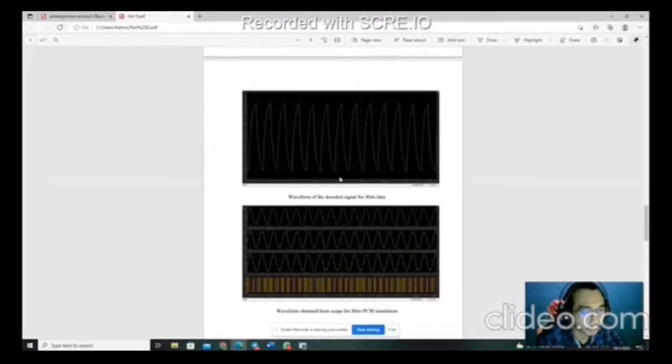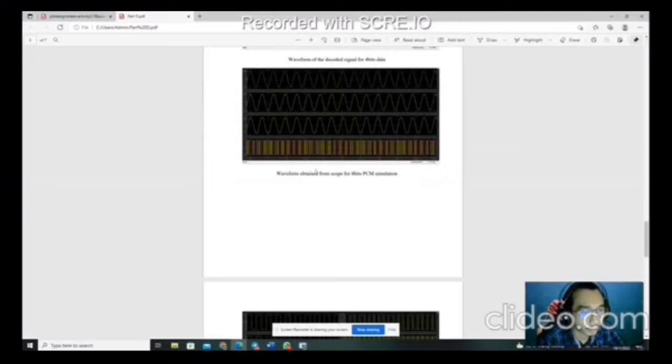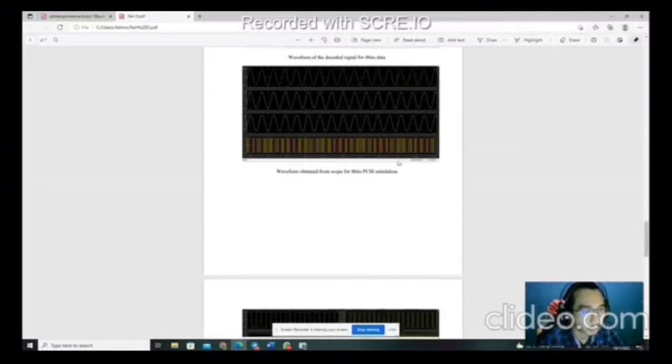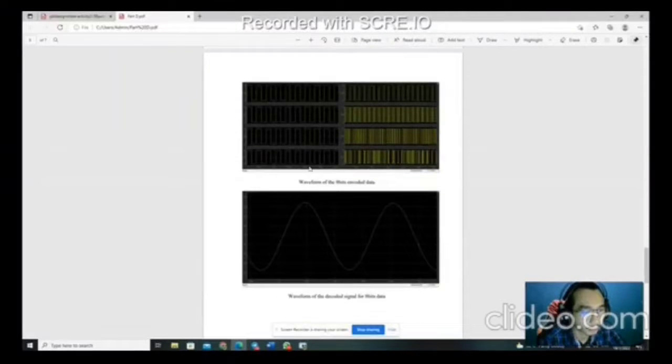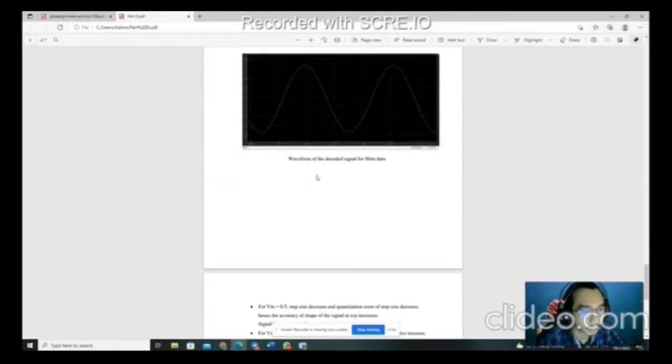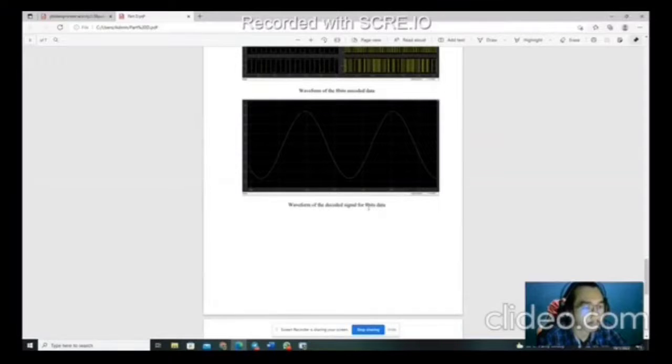Next is the waveform of the decoded signal for the 4-bit data, and the waveform obtained from the scope for 8-bit. So after 4-bit, we change to the 8-bit simulation. Then the waveform of the 8-bit encoded data.